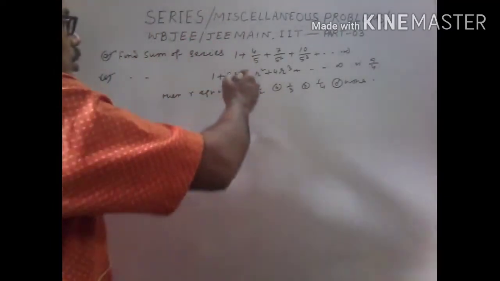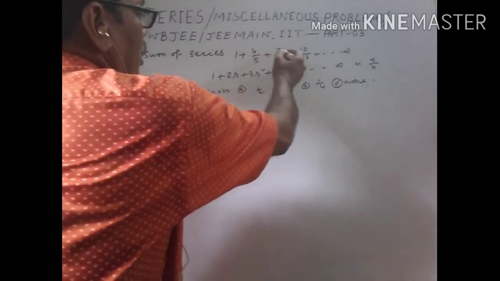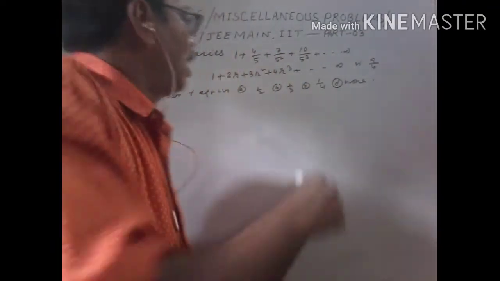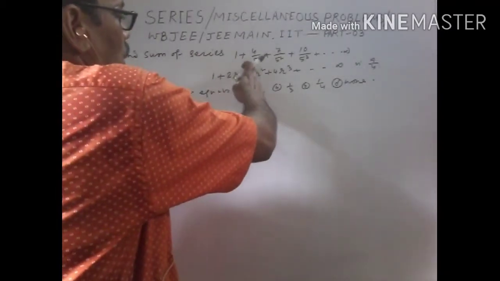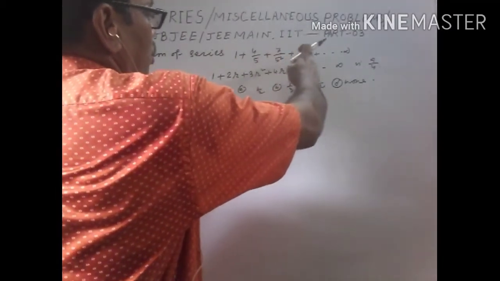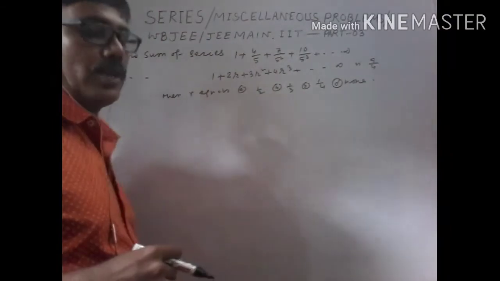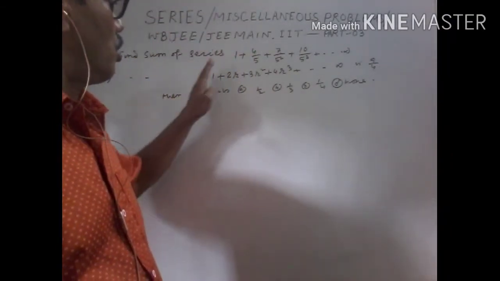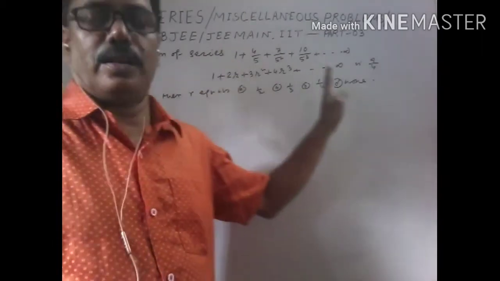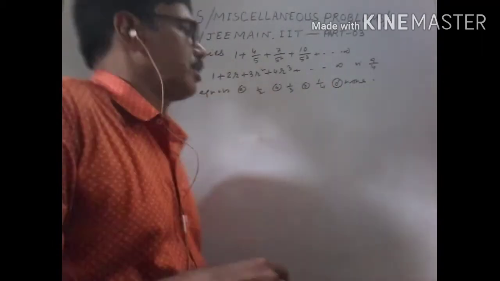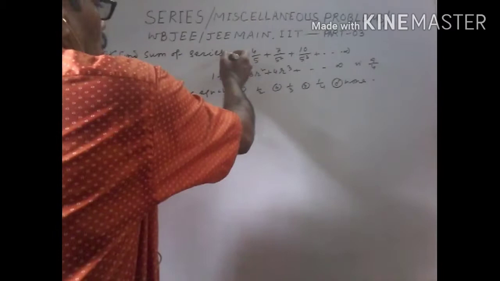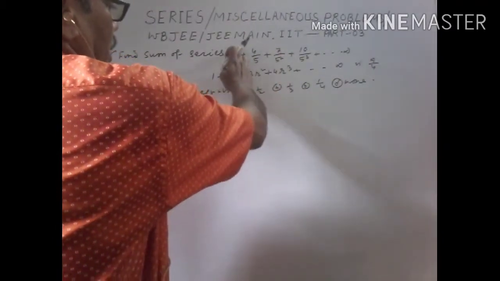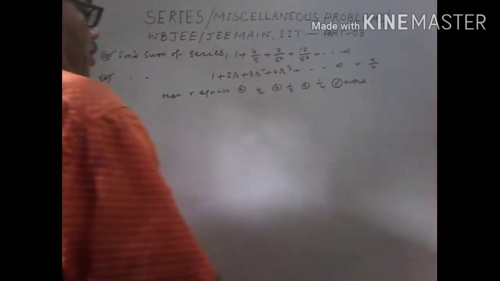So look, 1, 4, 7, 10 are in AP, and 1 by 5, 1 by 5 square, 1 by 5 cube are in GP. So they are called arithmetic geometric series. Look, it is 1 into 1. The first part is from AP, the second part forms GP.